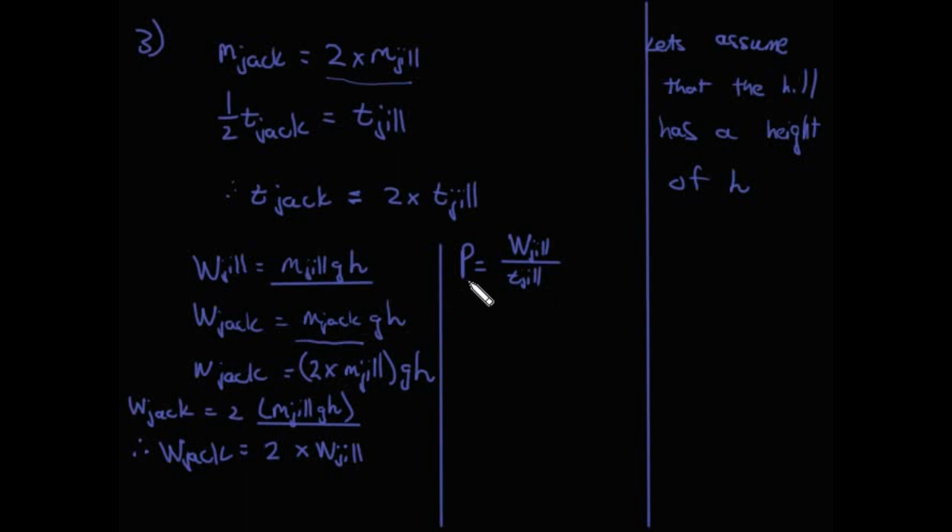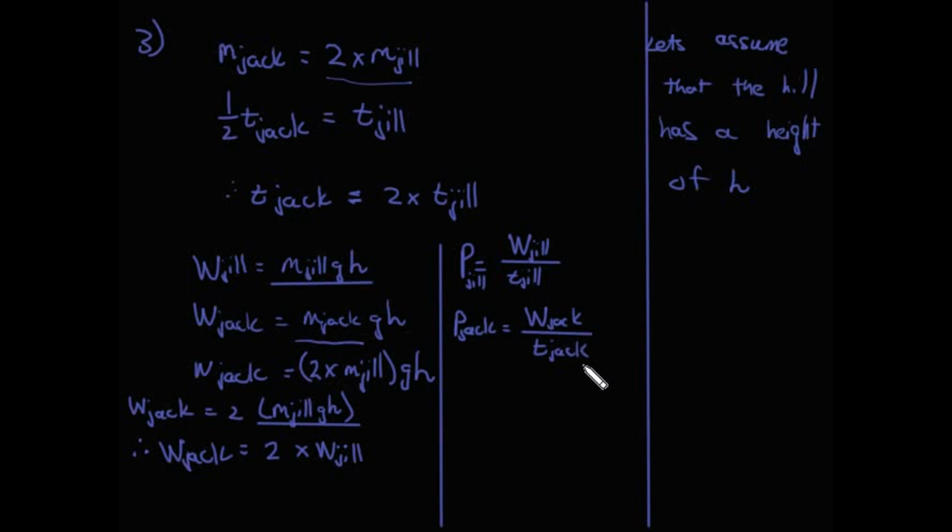And we know that the power of Jack is equal to the work that Jack put in, all over the time that Jack put in to get up the hill.